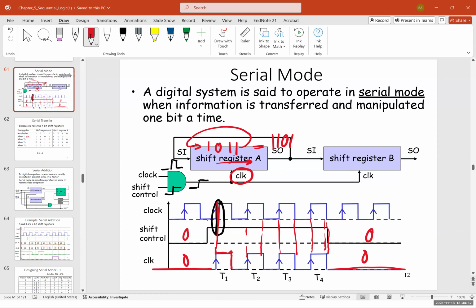What happens to shift register B? Imagine if initially shift register B is 0, 0, 1, 0. Shift register B is an open loop system. If I shift everything to the right, what happens to this? Everything will be shifted 1 to the right, and this 0 would fall out.